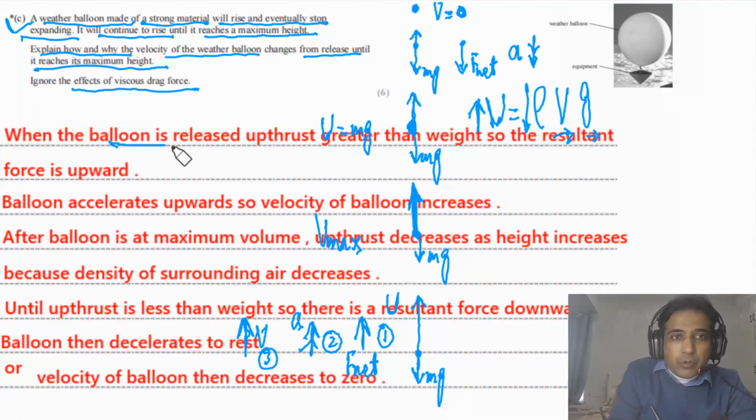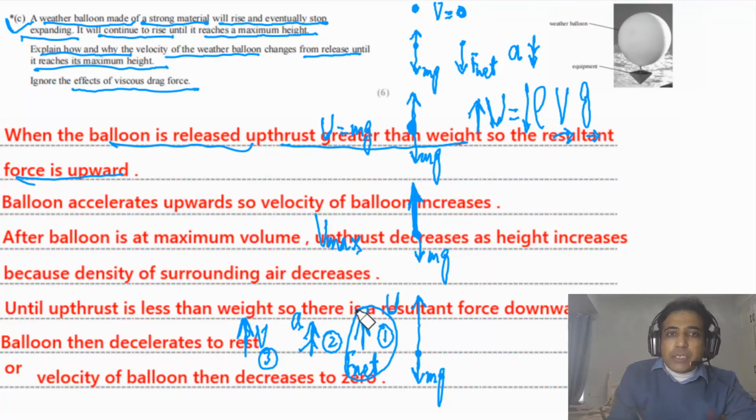So we can say when the balloon is released, upthrust is greater than weight, as we mentioned here, so the resultant force is upward. The balloon accelerates upward, so the velocity of the balloon increases.